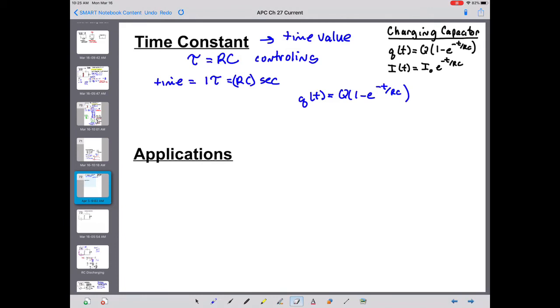Now, at one time constant, our time is RC, so I'm going to erase the time there and put in an RC. So then basically that would be Q times 1 minus e to the negative first power, and e to the negative first power is 0.368.